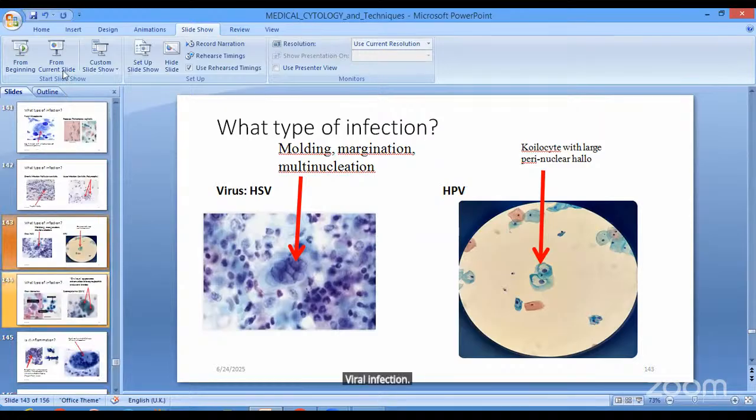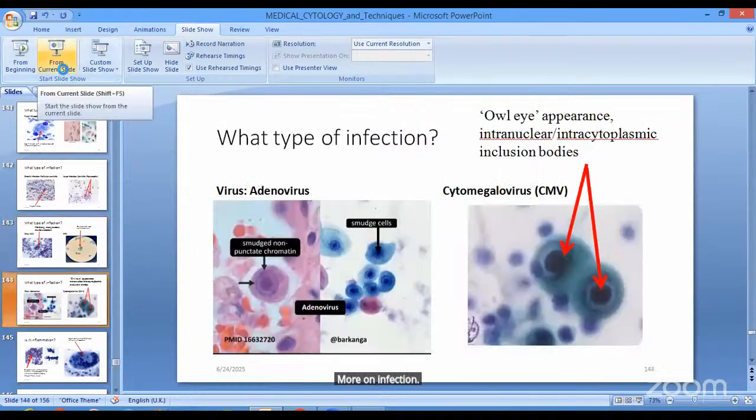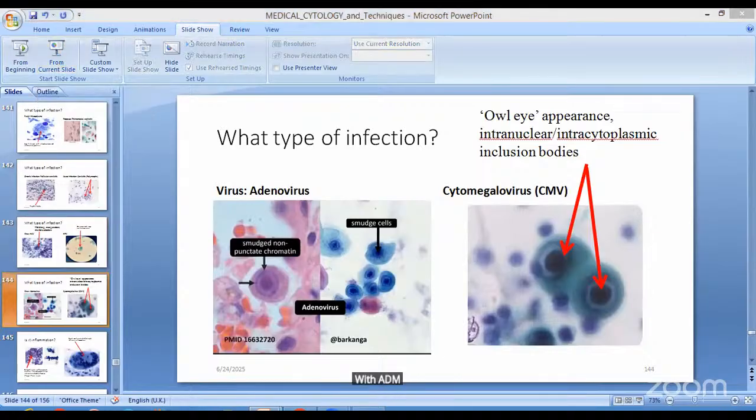More on infection. Is it adenovirus? With adenovirus, this is what you see, small cells with nuclear halo, intracytoplasmic, nuclear inclusion bodies, granular material, smudge cells that are dense.